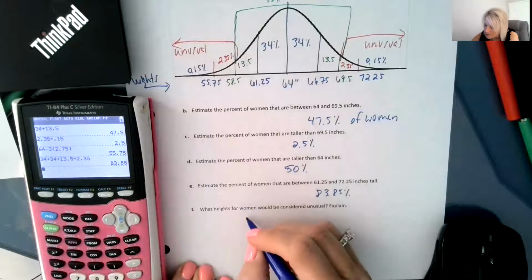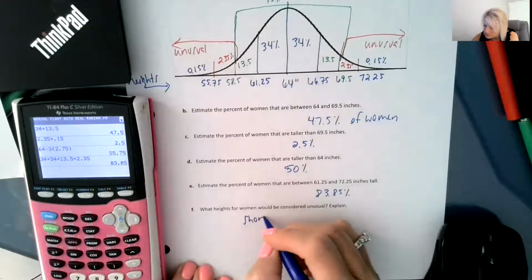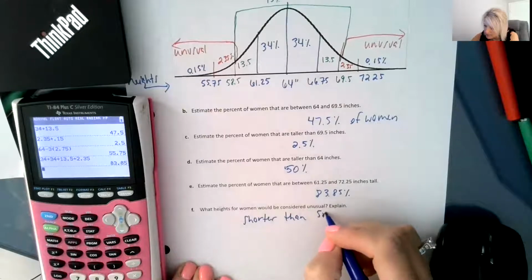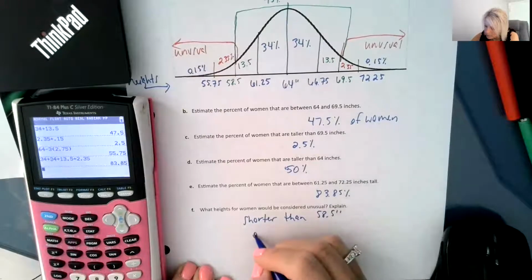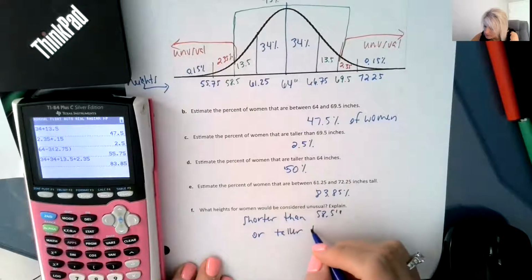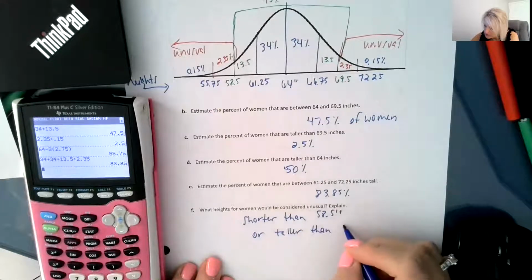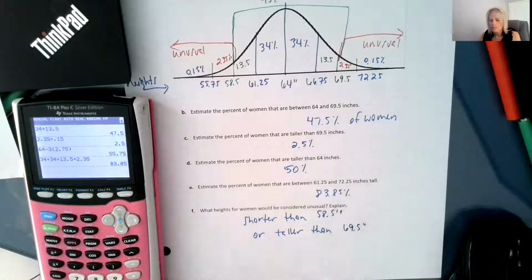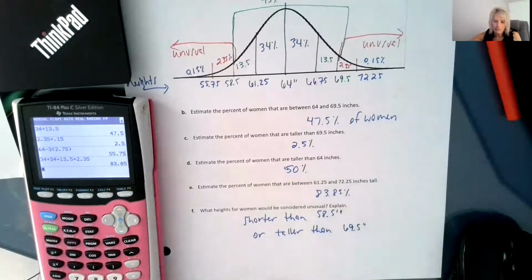So shorter than 58.5 inches or taller than 69.5 inches. They would be considered unusually tall or short.